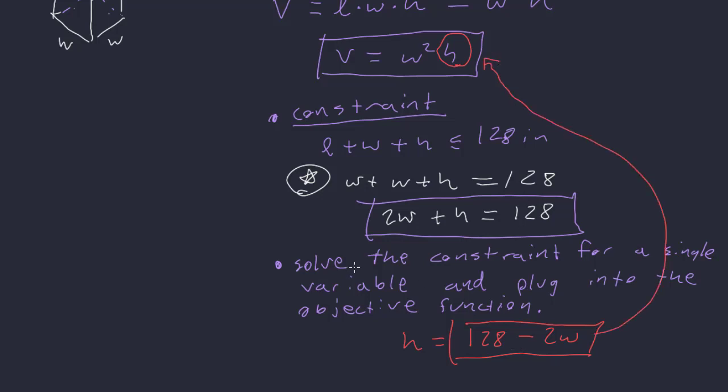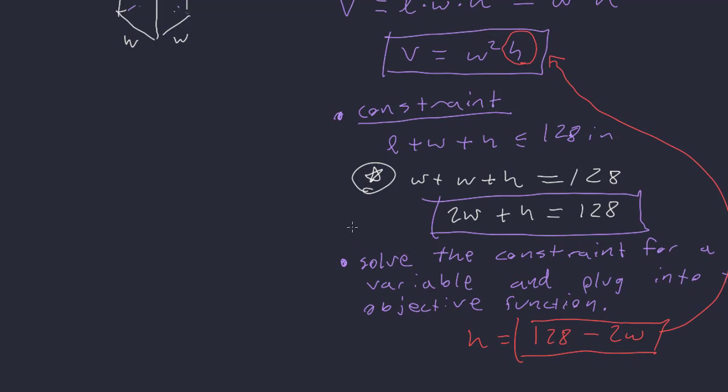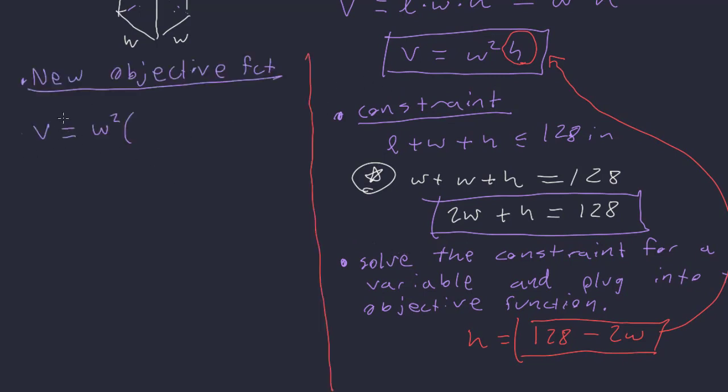So our new objective function is going to be v is equal to w squared times 128 minus 2w. And if we distribute this, we will get 128 times w squared minus 2w cubed. And that is our objective function.